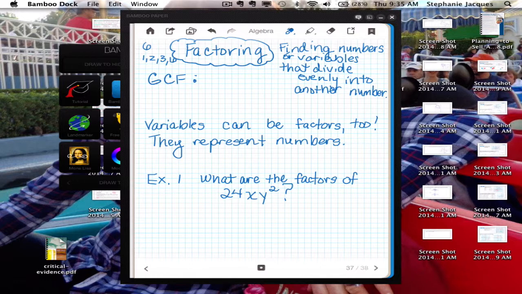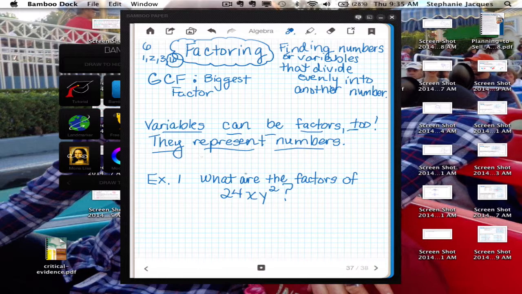So the greatest common factor is the biggest number or biggest factor out of the group. So for 6, the greatest common factor there would be 6, because that's the biggest number that can go into 6. Just remember that variables can be factors too, because they represent numbers, and we're going to get into that a little bit down here.